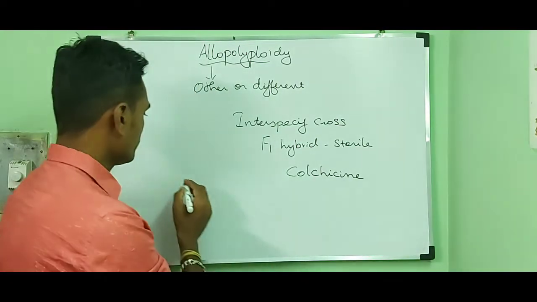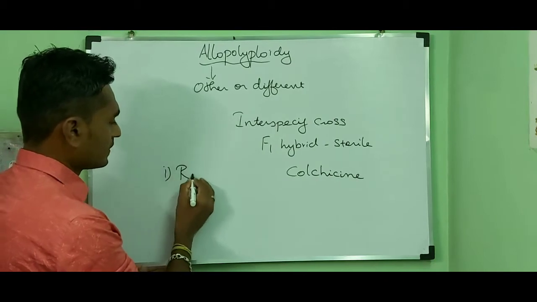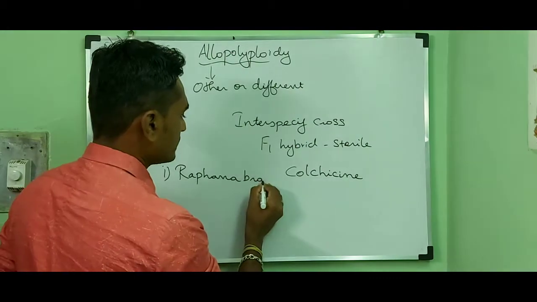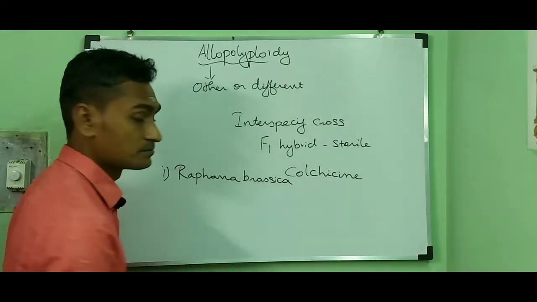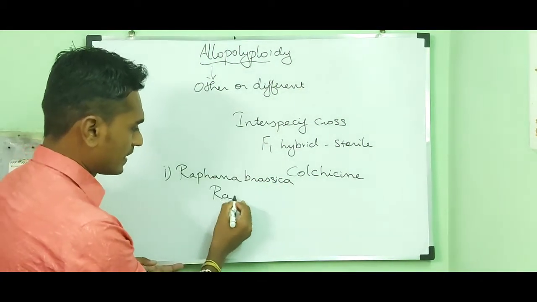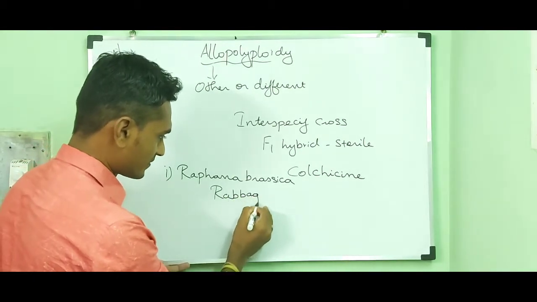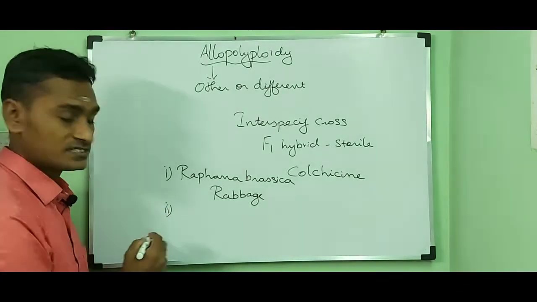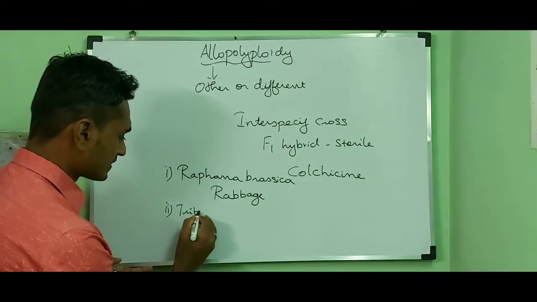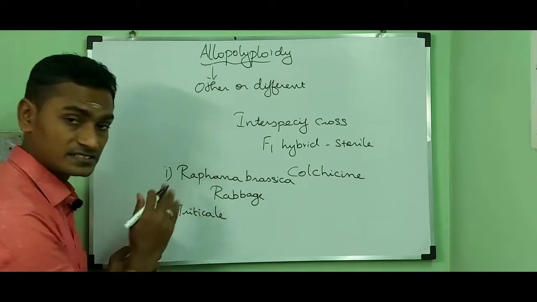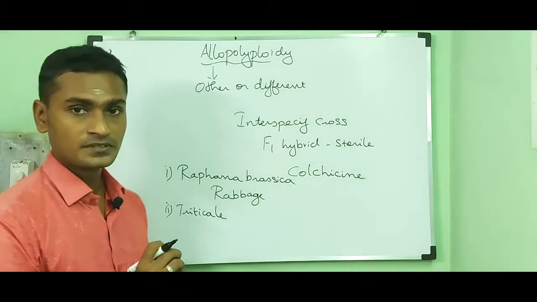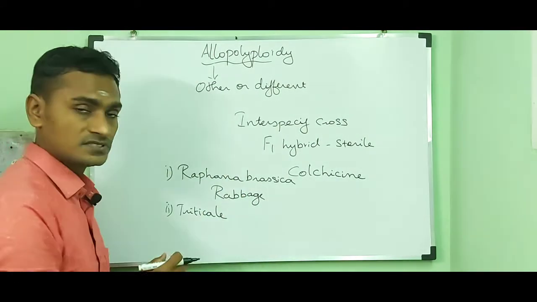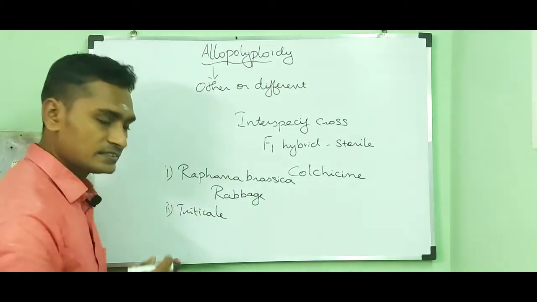They are Raphanobrassica, that means raphage, radish plus cabbage, and the second example is triticale, the first man-made cereal. Now we are going to discuss the two examples, Raphanobrassica and triticale.